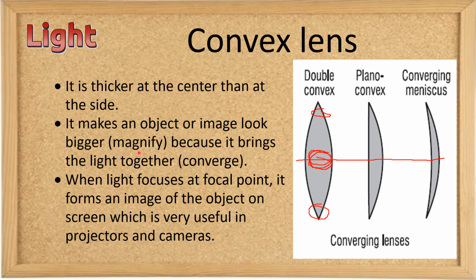That's why if you are familiar with a magnifying lens, when you use it, you are making the object look bigger because it brings light together, and another term is converge. So when do we use this convex lens? It is very useful if you're using your projector and your camera.